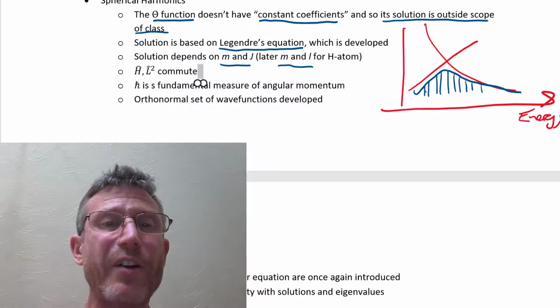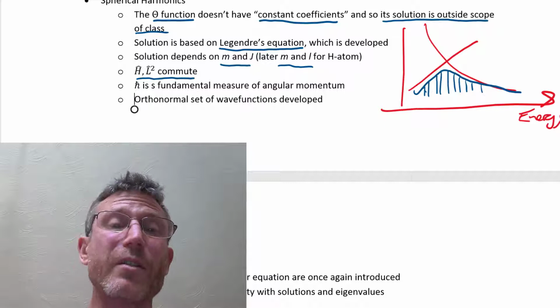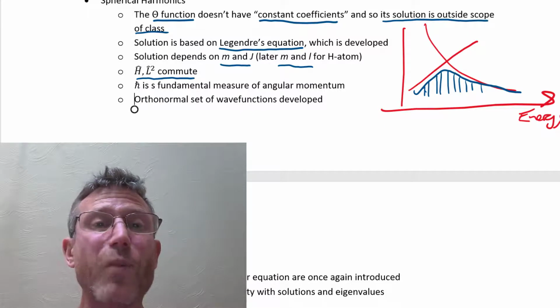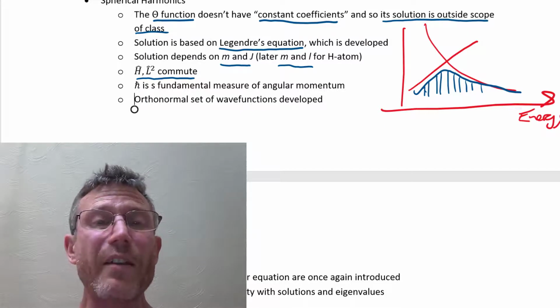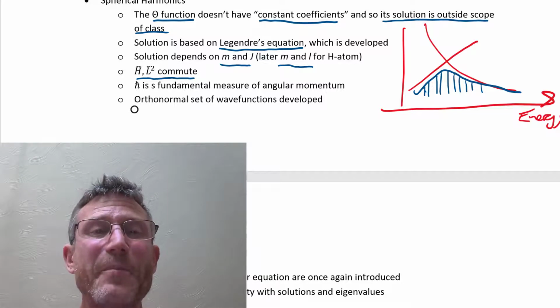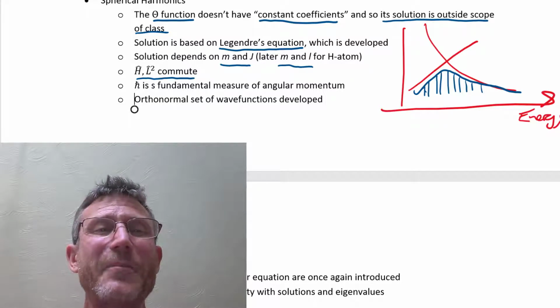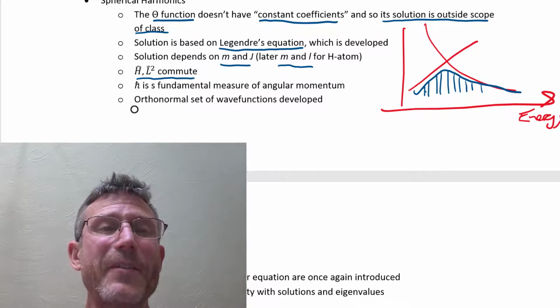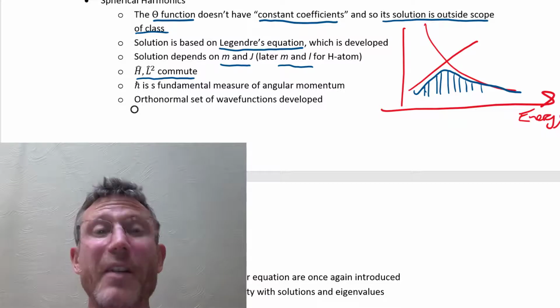What else did we find out? We found out how the magnitude of angular momentum squared commuted with the Hamiltonian operator, the difference being an inertia term, basically. They were very similar if you look at the two equations together. So we know that the wave functions must be the same for both.